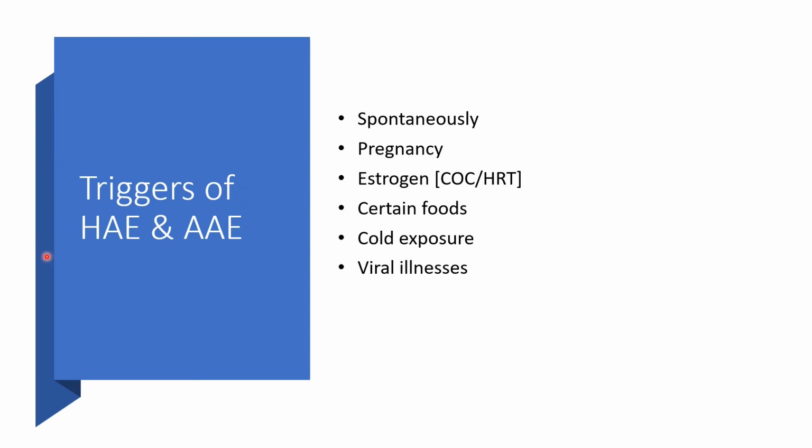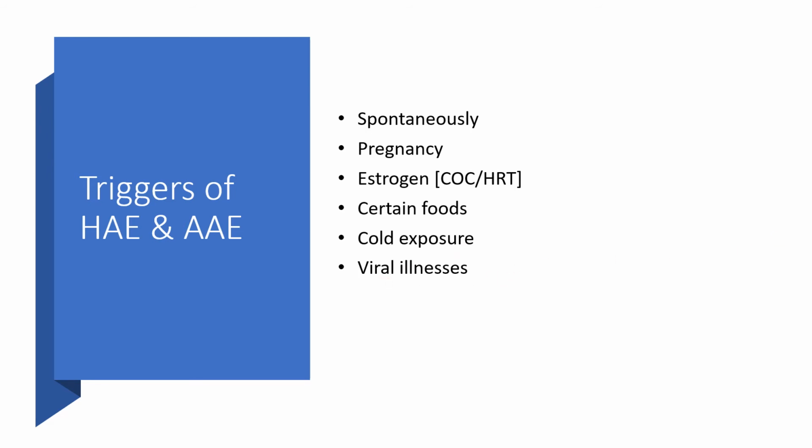Okay, what could be the triggers of hereditary and acquired angioedema? Could occur spontaneously, could be as a result of pregnancy, estrogen, particularly in type 3, certain foods, cold exposure. So what will happen to those living in temperate regions in winter? I feel for them, right?